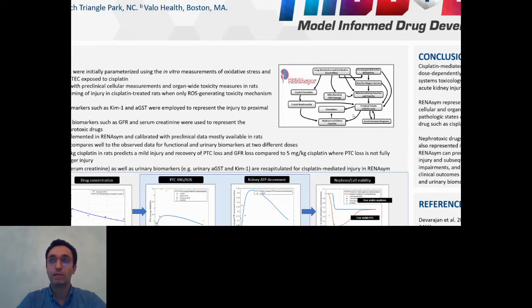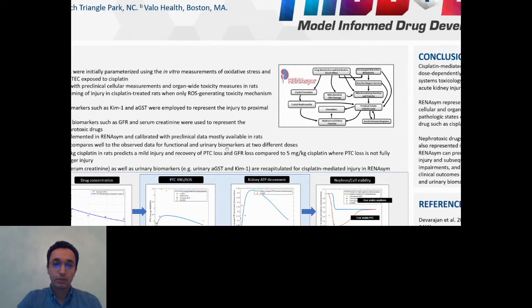So we have two sets of biomarkers in RENASYM. One are functional biomarkers, looking at the systemic effects of the drugs, and one is urinary biomarkers like alpha GST or KIM1, which represent the cellular injury.